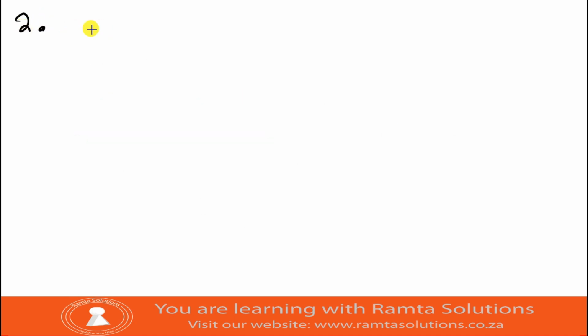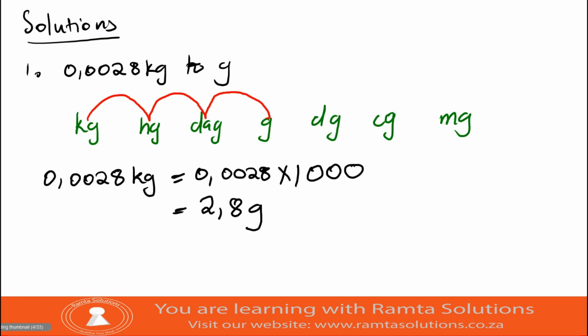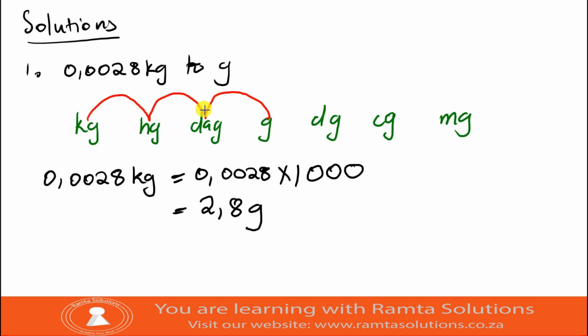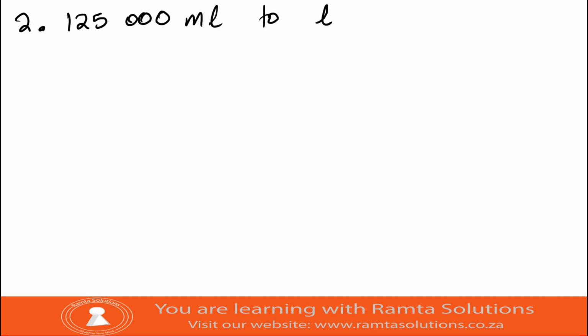So number 2, we had 125,000 milliliters to liter. So we don't have to draw that scale again. Remember, I said in place of M, you are putting G. Now you will put L. So maybe let me draw it again.